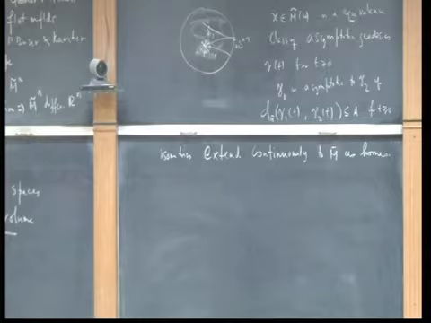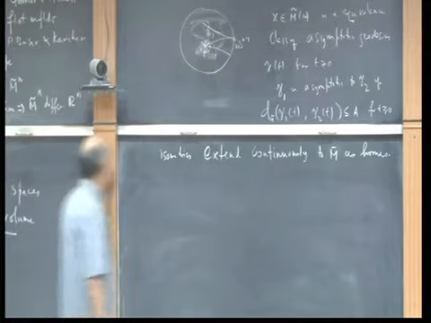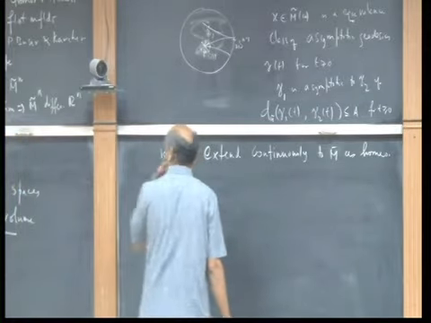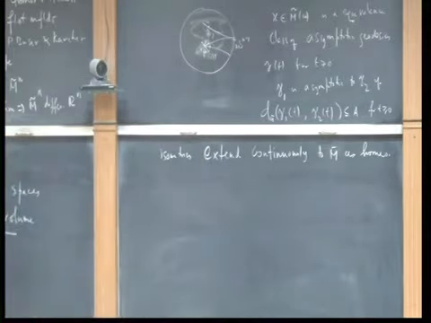Okay, so now among the isometries of my Hadamard manifold, since we are interested in looking at discrete subgroups, we know that this gamma, by standard covering space theory, acts on the universal cover freely and properly discontinuously.